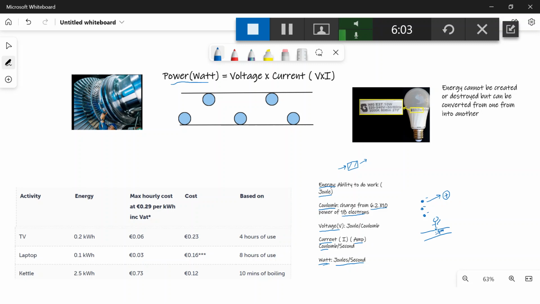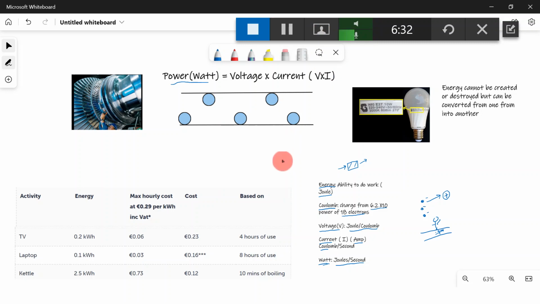And if you take that amount of electrons, that coulomb of electrons moving through, when we talk about voltage, 1 volt, that collection of a coulomb of electrons will have 1 joule of energy. So that's a more detailed way of looking at electrons and their ability to do work.